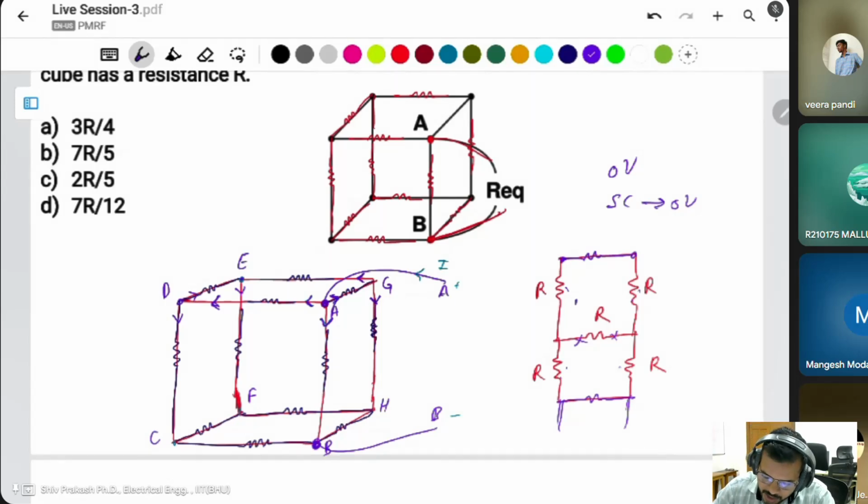Then you can say this current is the same current, all of it the same, because everything is symmetrical in this case. Then in this direction you can say this point and this point have the same potential, because of the same current. A single current is flowing from A to D and divided into two parts.